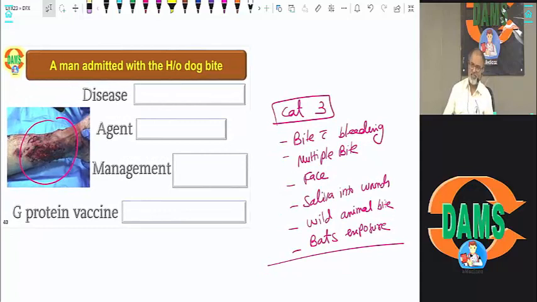What is the name of the disease? Everybody says it is rabies, or hydrophobia. Agent, rhabdovirus or rabies virus.